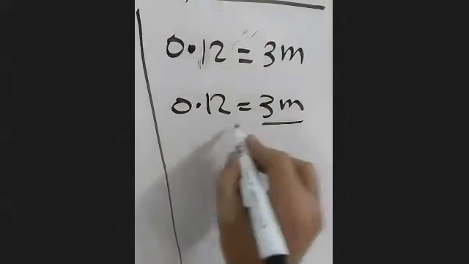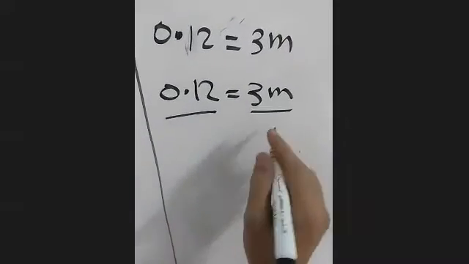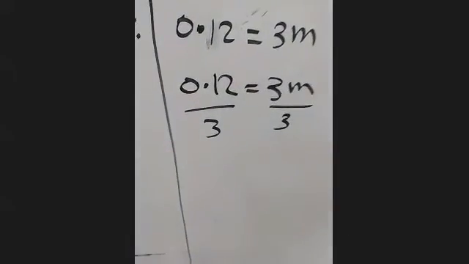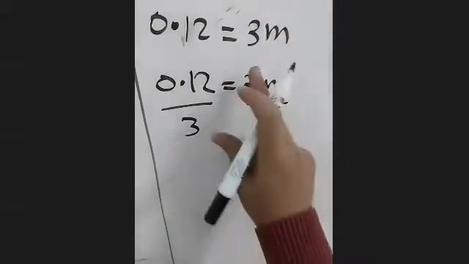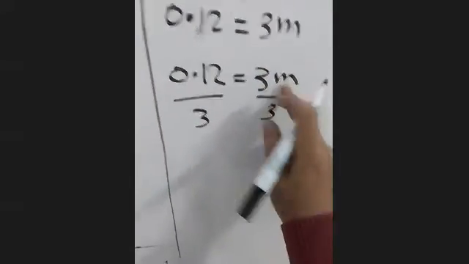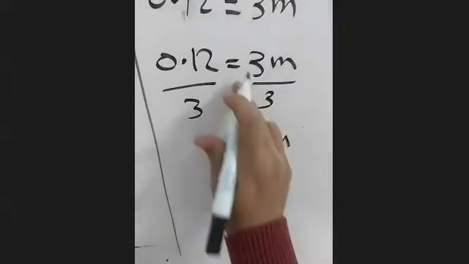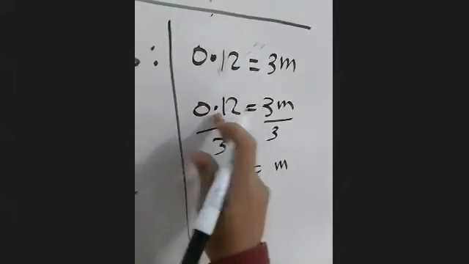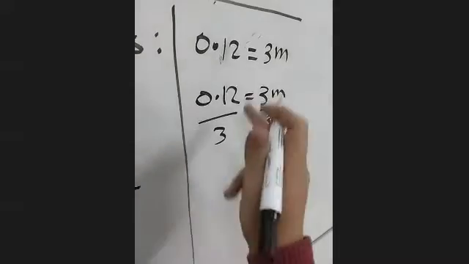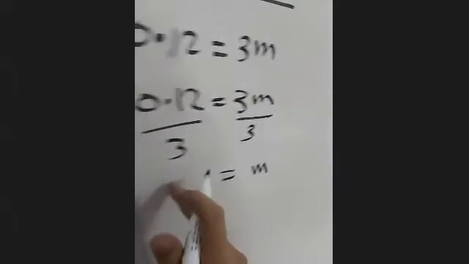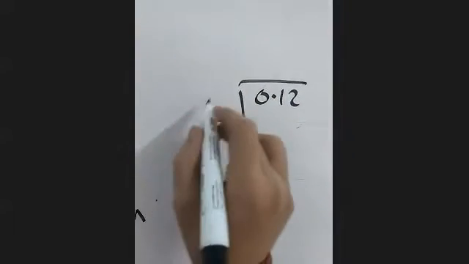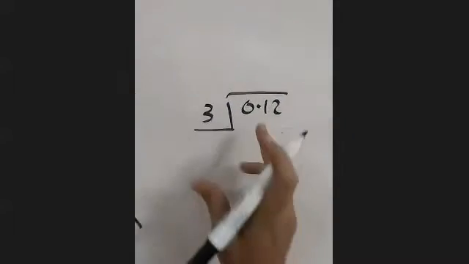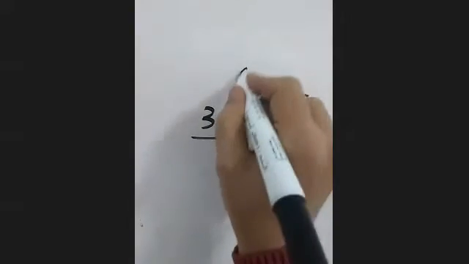So I will divide both sides using the fraction form, 3 on both sides. Now I'll start here. 3 divided by 3 is 1. 1 multiplied by m is m. And the equal comes down. 0.12 divided by 3. 0 divided by 3 cannot be, so 0.